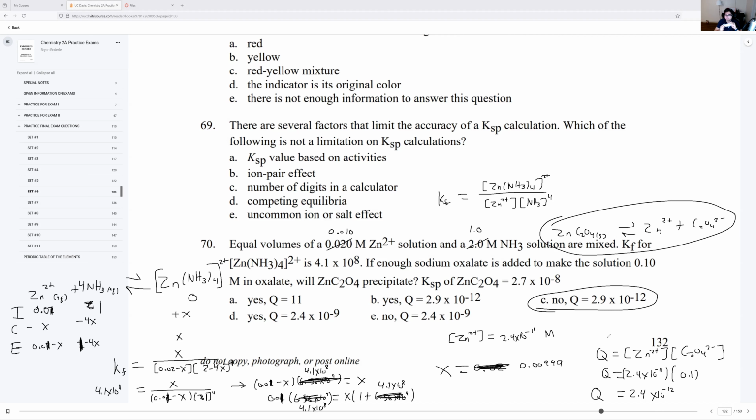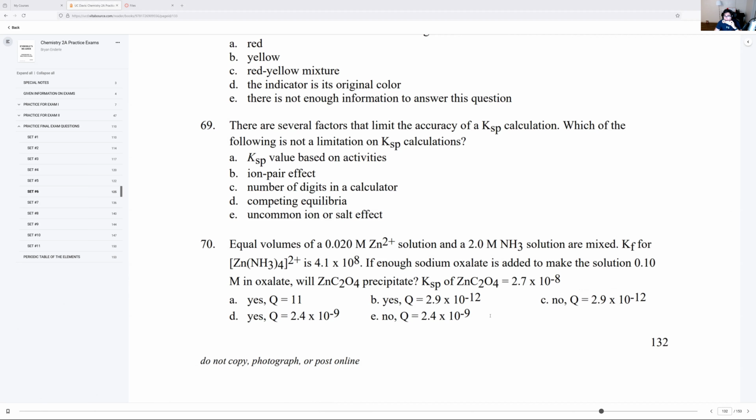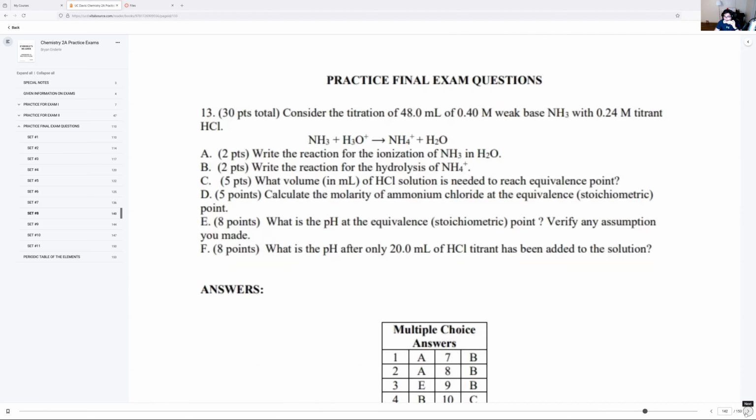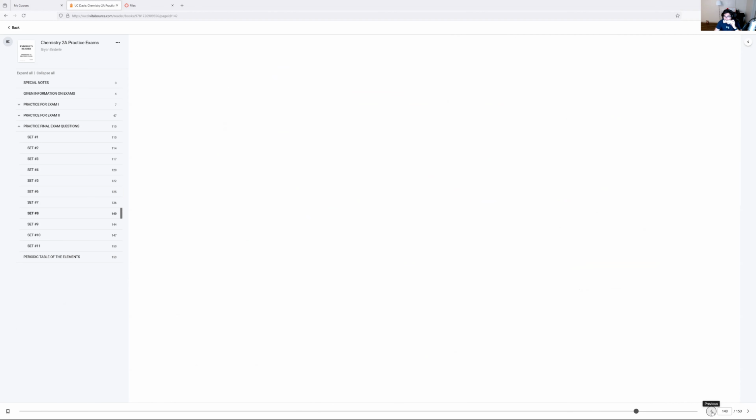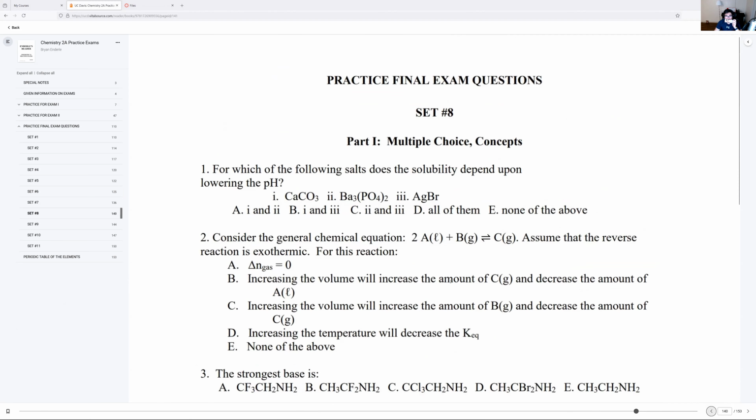Because typically, on page 140. Let's see. 140. All good. Question one. Oh, yeah. So you can look to see.